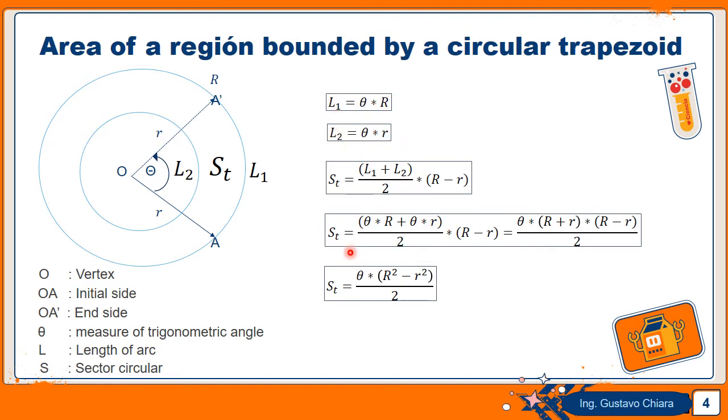So replace the expression of L1 and L2. We see that the area is equal to theta multiply R plus theta multiply r divided by 2, and all multiply R minus r. So factorize, we can see that the expression is equal to theta multiply R plus r multiply R minus r divided by 2. The final expression, or this area, is equal to theta multiply R square minus r square divided by 2.